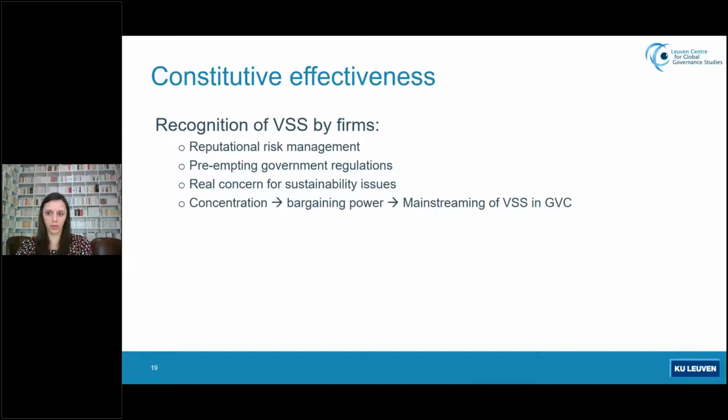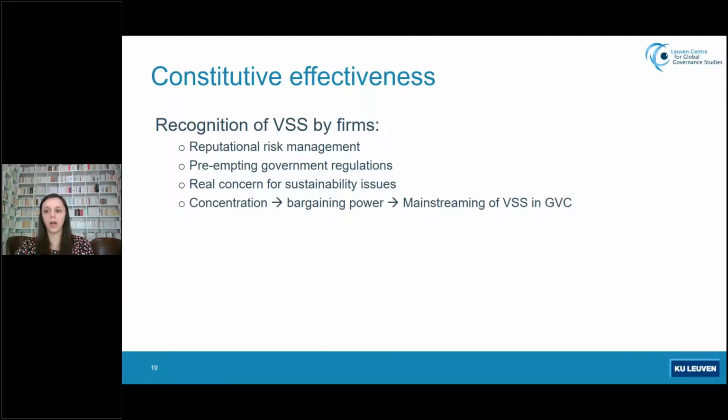And one example of that is that the company B&Q, for example, decided in 2001 that it would refuse to purchase lumber from Canada that is not certified by the FSC. IKEA also did the same in 2012. It basically committed to source 50% of its wood material from recycled or FSC certified forests.